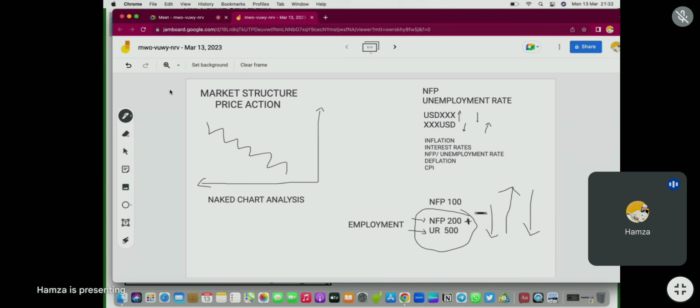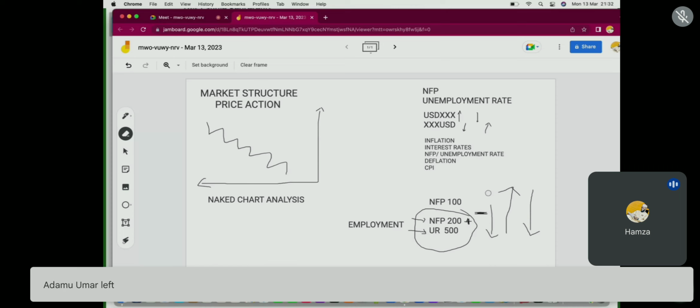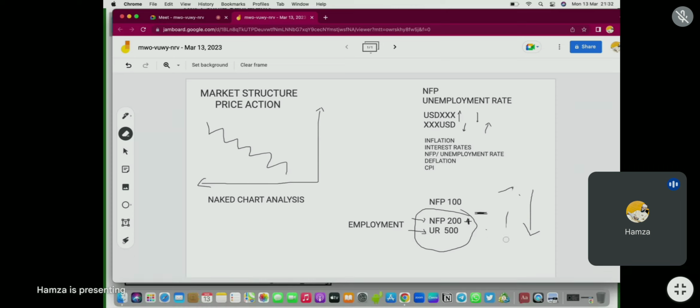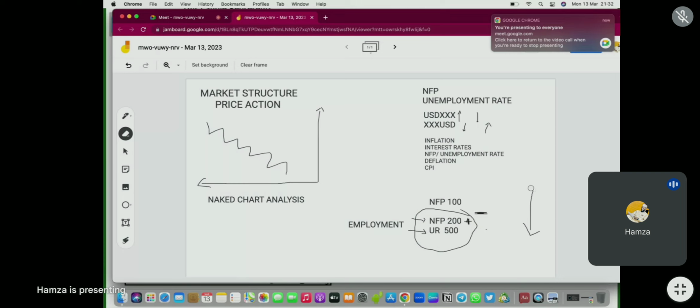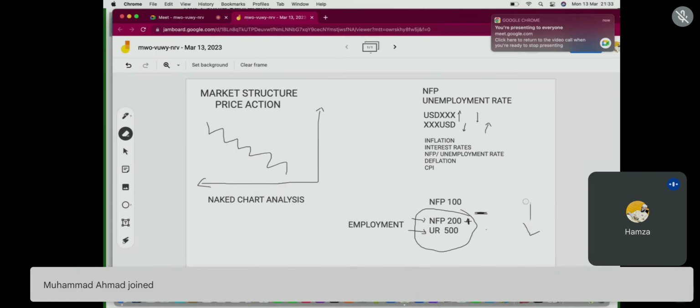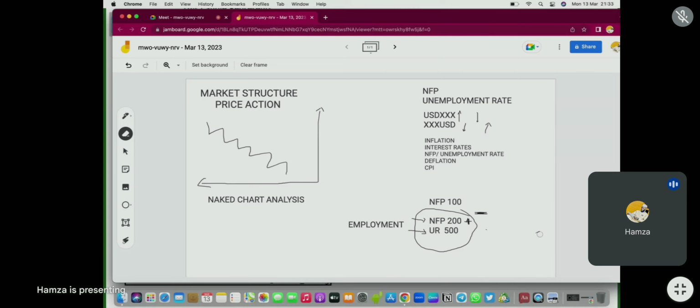So the kicker here is NFP printed positive, but overall the employment rate was negative because despite the fact that 200 jobs were created over the month period, 500 jobs were also lost. So that's definitely negative overall for the US economy.